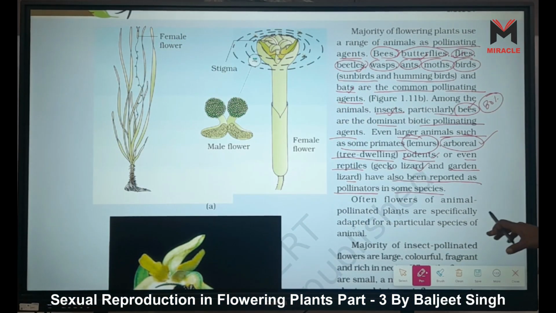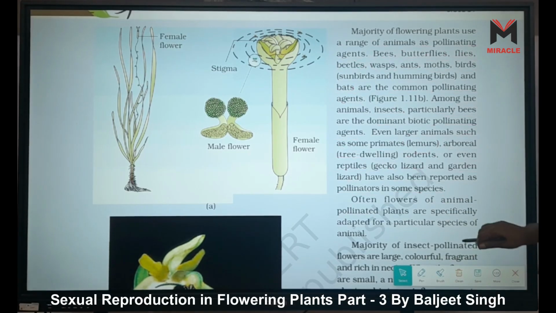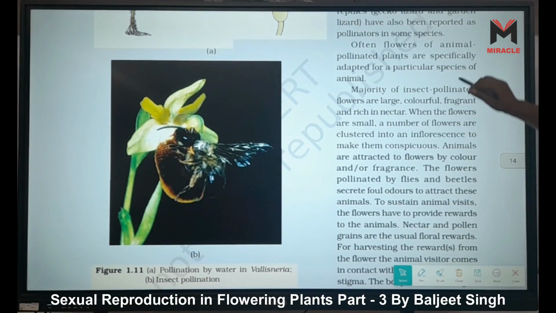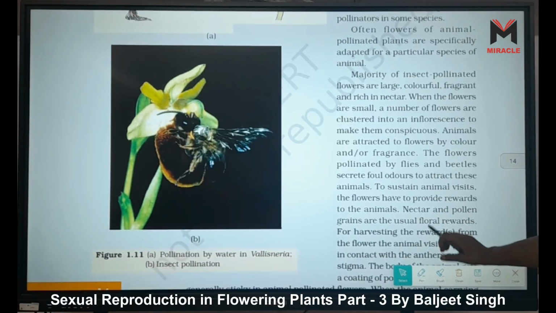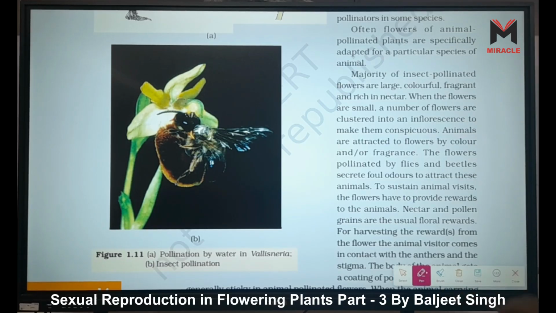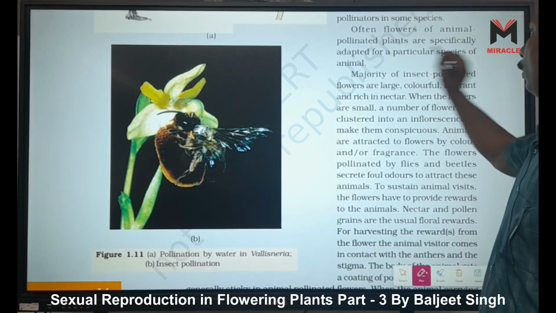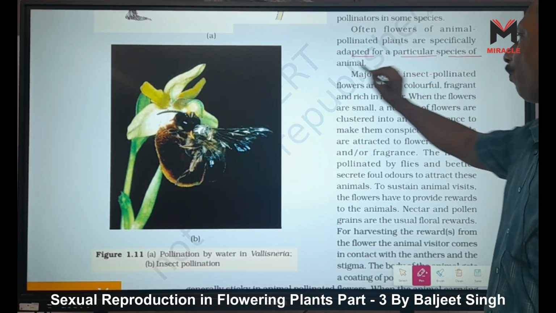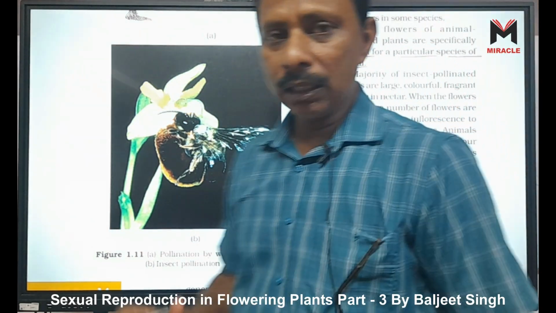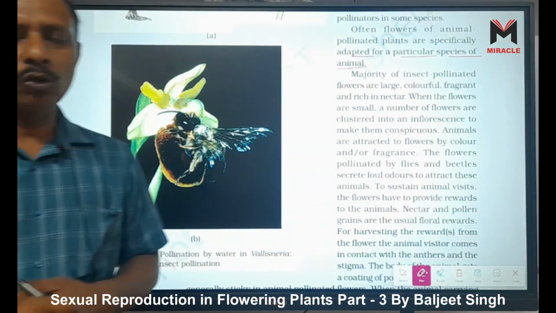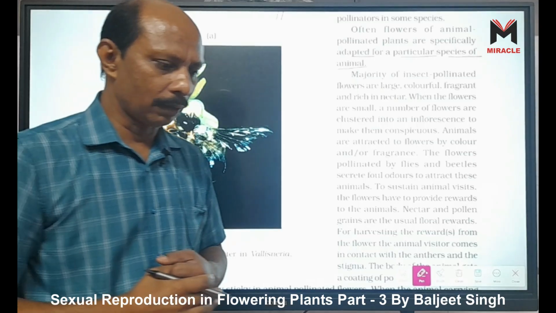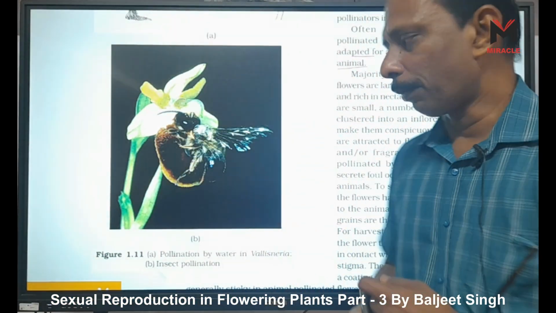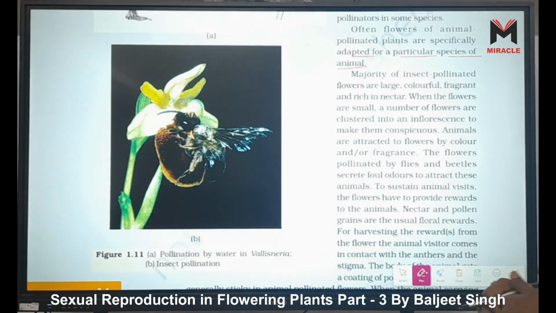Often flowers of animal pollinated plants are specifically adapted for particular species of animals. There are some adaptations present for a specific species, right? We will discuss this one. Some examples we will get.